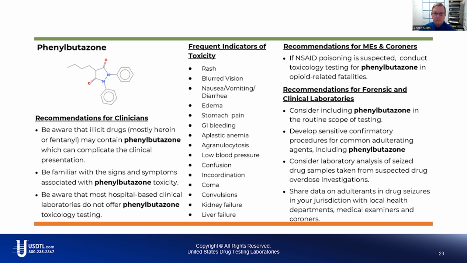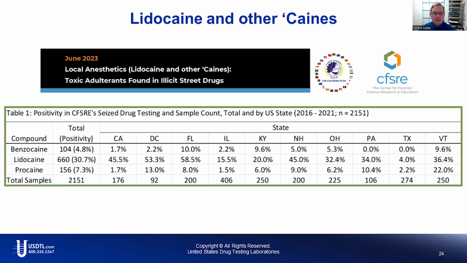The other drug that I mentioned earlier was lidocaine. I'm also including some of the other quote unquote canes in this, such as benzocaine and procaine. Our friends over at the CFSRE again put out in June of 23 an alert about different local anesthetics, so lidocaine and other canes that are being found.